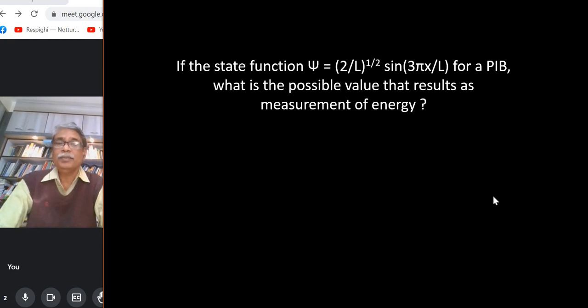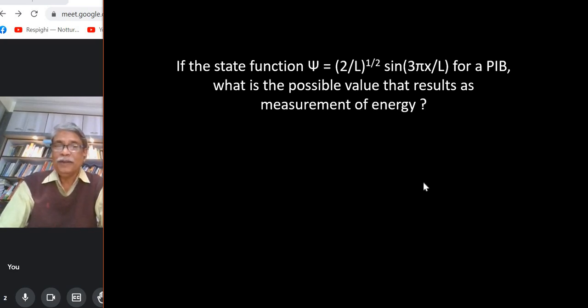But it's a bit tricky in the sense that if you can identify that the given function is actually an eigenfunction, an eigenstate already, then the measurable quantity is nothing but the eigenvalue. So if you can identify what quantum number is associated with this wave function, you must put it in the energy expression to get the eigenvalue. And that is the possible measurement value of energy.